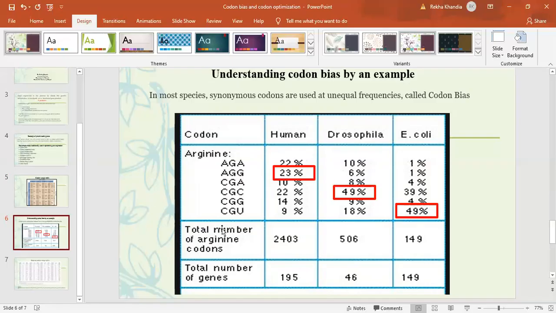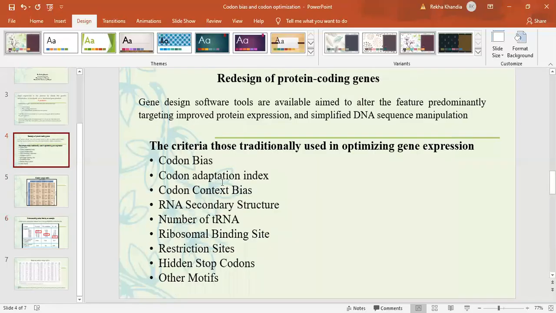Now that we have understood codon usage bias, we will try to understand how codon bias and other factors may affect the protein synthesis machinery.